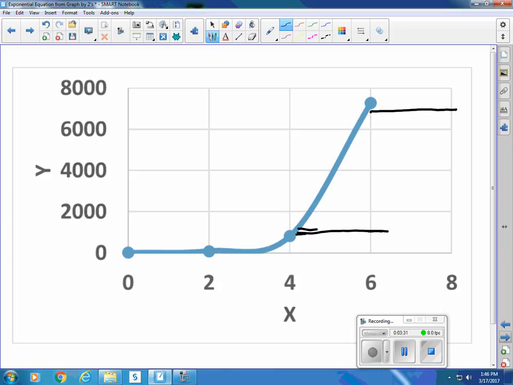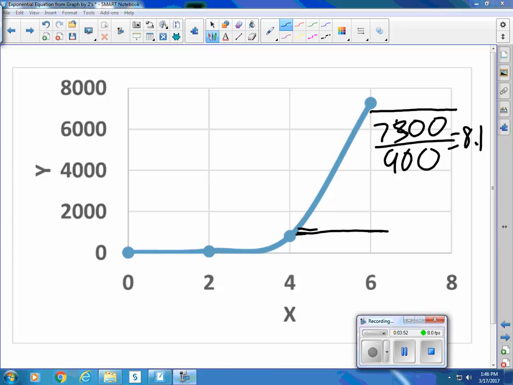Like 7,300 and maybe 900. So 7,300 divided by 900, that gives us a value of 8.1.